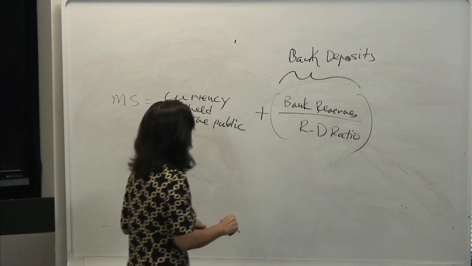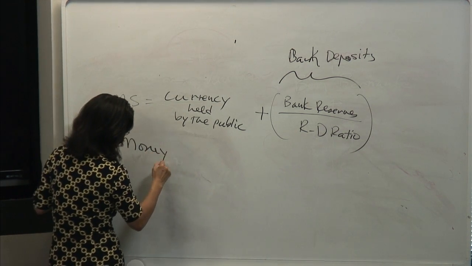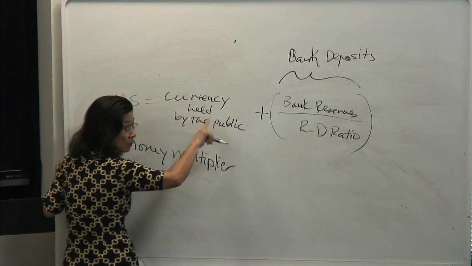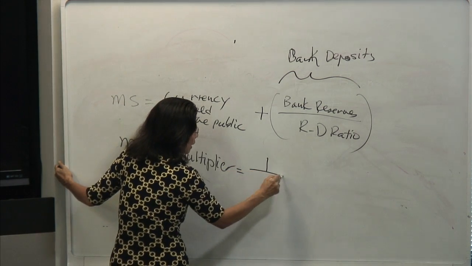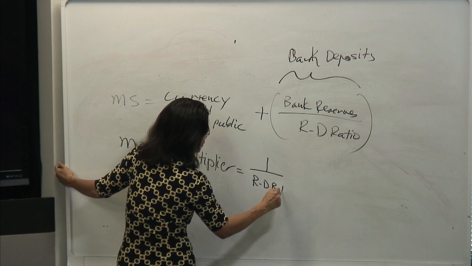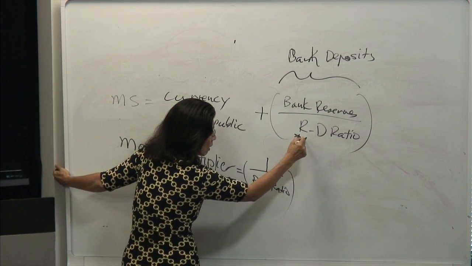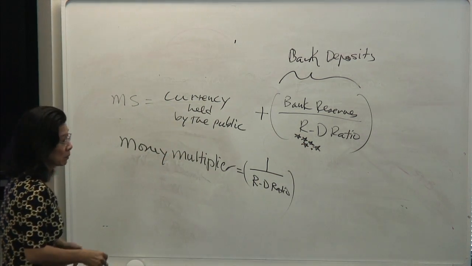And remember we talked about the money multiplier, anybody remember? What is that equation? You get it out from some of these terms here. So that would be 1 divided by the RD ratio, yes. So this one is very important, star. In fact, that's the most important one.